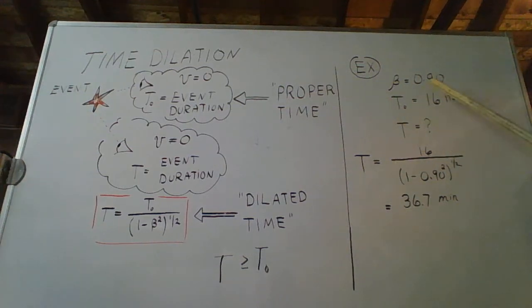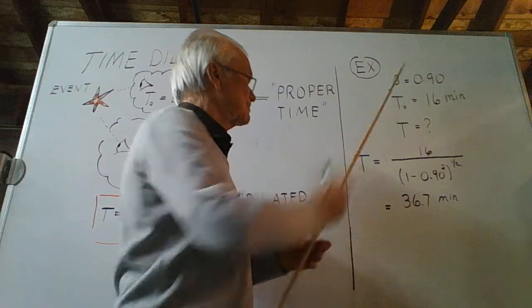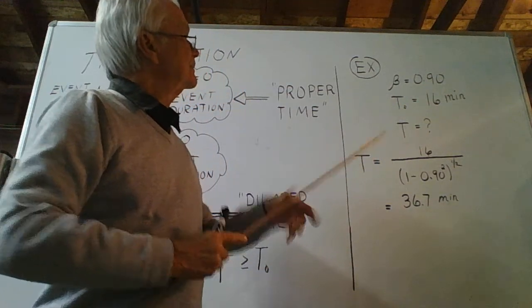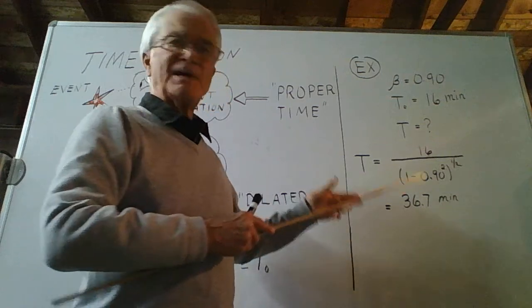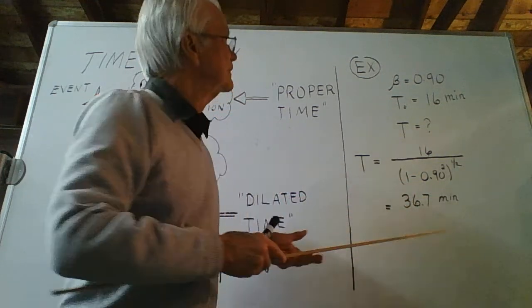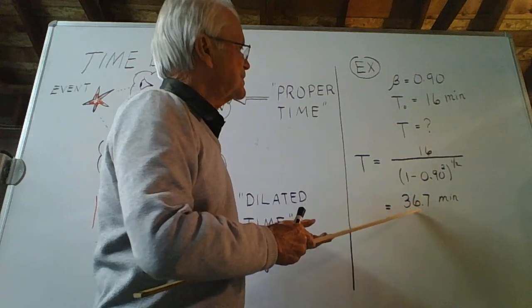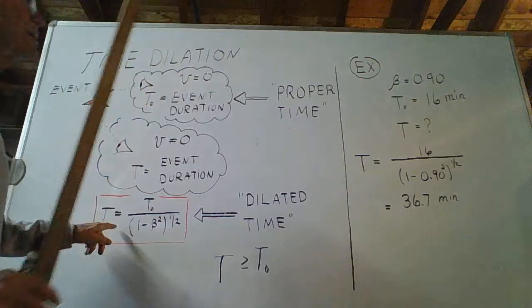The observer who has a relative speed of 0.9 times c, in other words, a beta of 0.90, observes that the time it took for the event to be completed, and we won't specify what the event is, is 36.7 minutes using the time dilation equation.